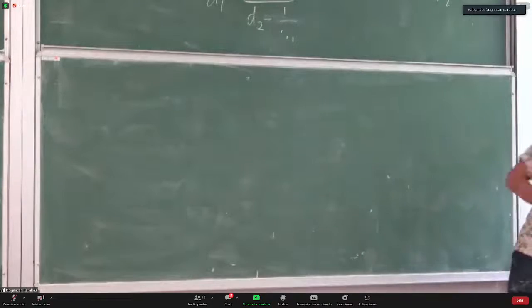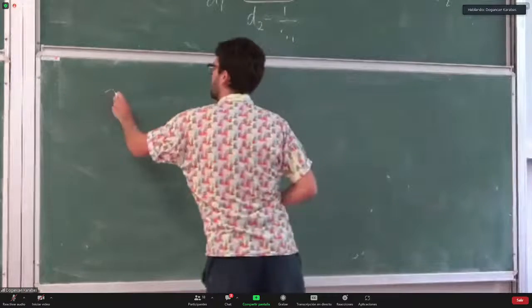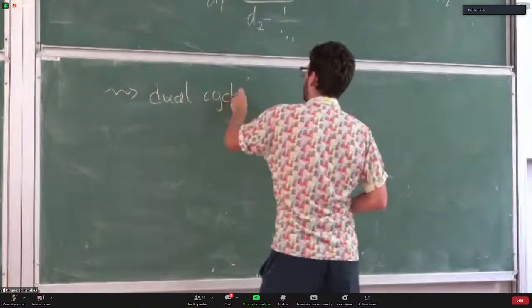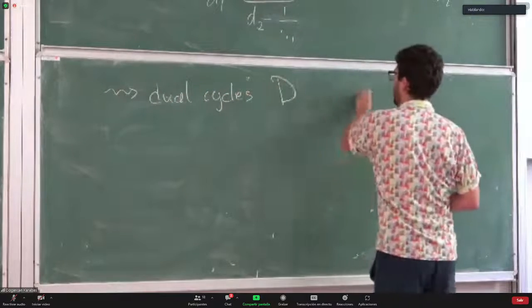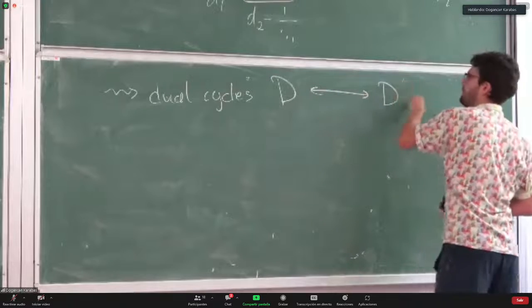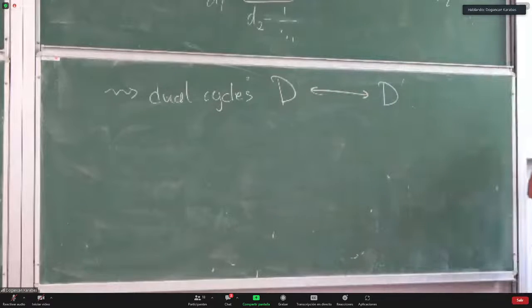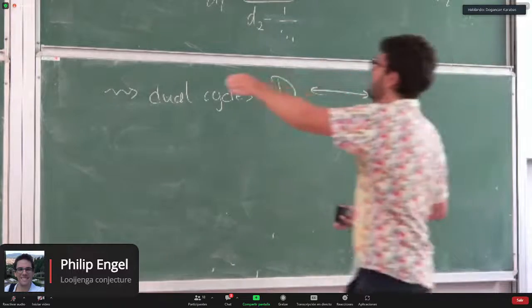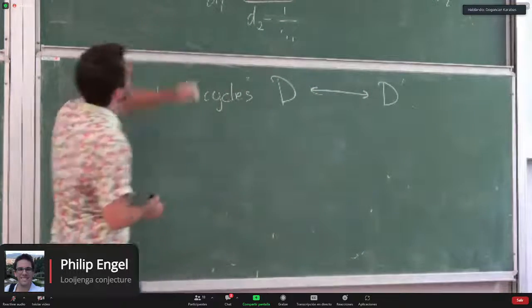So the conclusion is that we have these dual cycles, D and D prime. So what is omega? Omega is by definition this number.